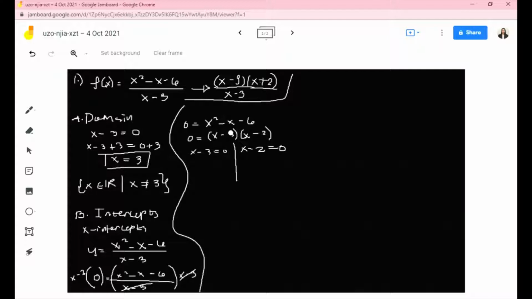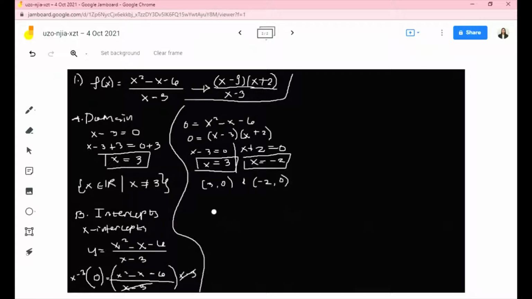Okay, using the properties of equalities, we have x is equal to positive 3 and x is equal to negative 2. This means that our x-intercepts are given by (3, 0) and (negative 2, 0). Do you follow?